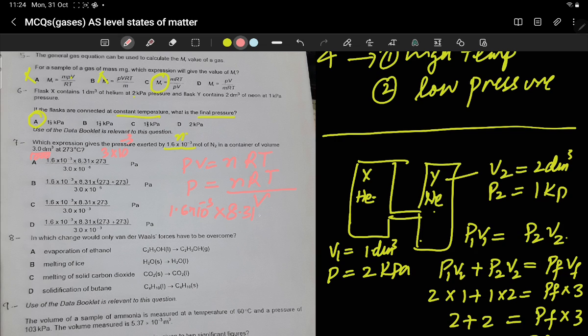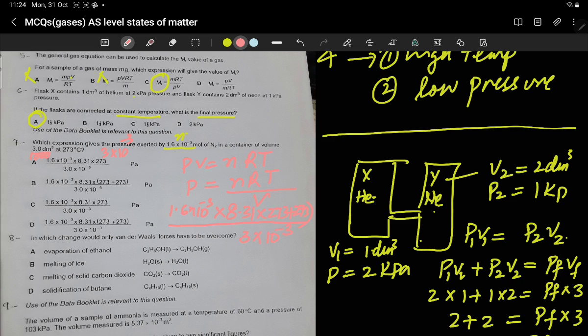If it is 273 °C, then the temperature is 273 plus 273, divided by volume, which is 3 × 10^-3.